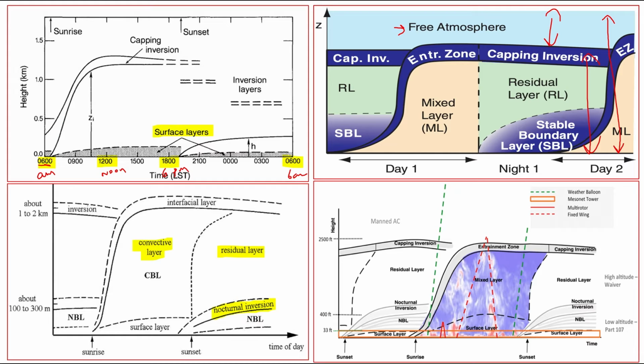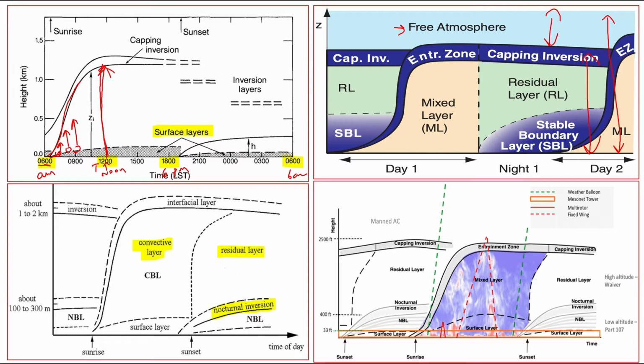So what happened? Due to the sunrise, the surface becomes hot, so the air particles keep rising. So this layer also keeps on increasing. During the noon, there will be the maximum temperature at the surface, so there will be maximum convective mixing and the boundary layer reaches its maximum height.